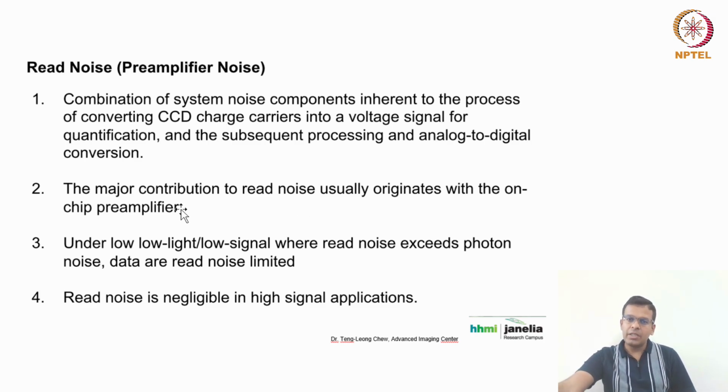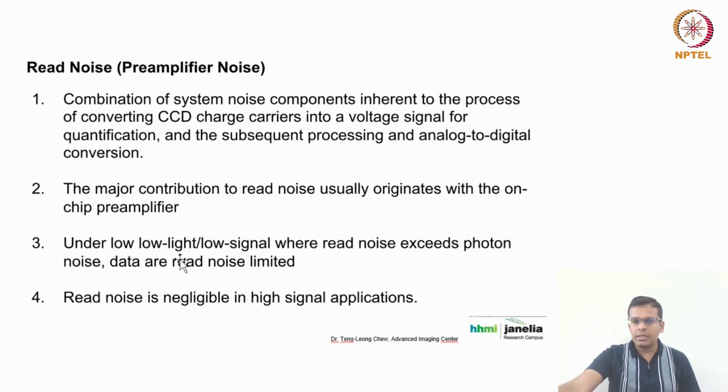The major contribution to read noise usually originates with the on-chip preamplifier. In the next class, I will show that on the CCD camera chip there is a preamplifier which amplifies the signal. Because of that preamplifier, it produces some electrons which lead to this read noise.